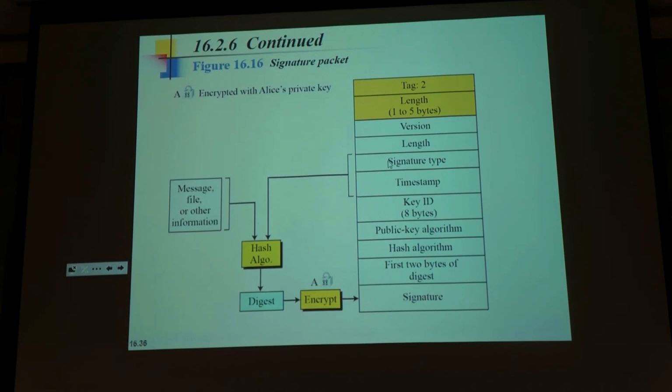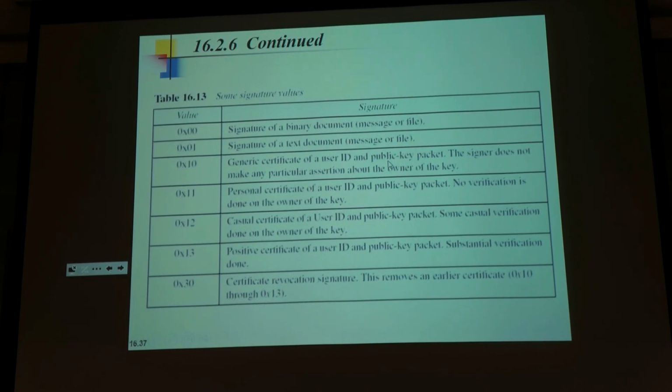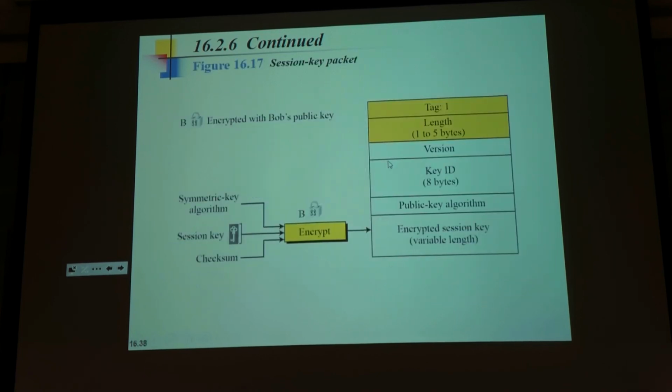Some signature values: for example, 00 is the signature of a binary document, message or a file. So this value will explain what kind of signature you have in here.